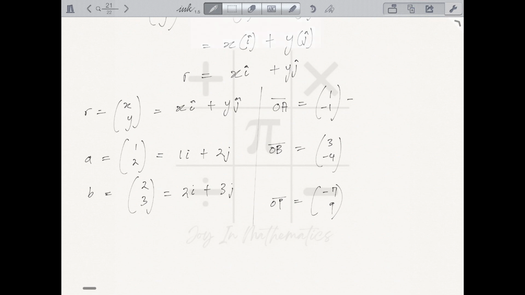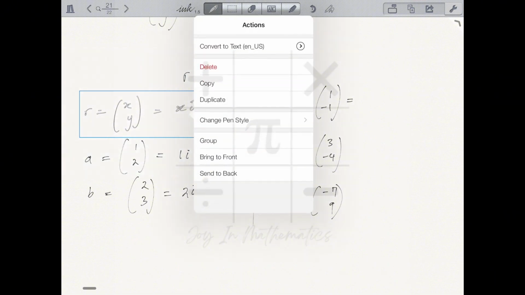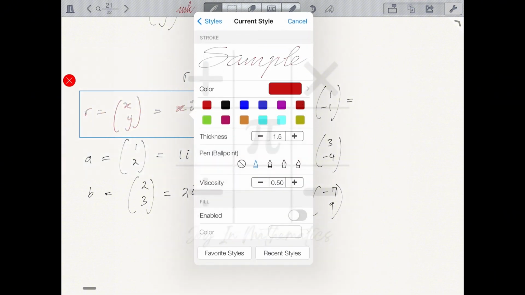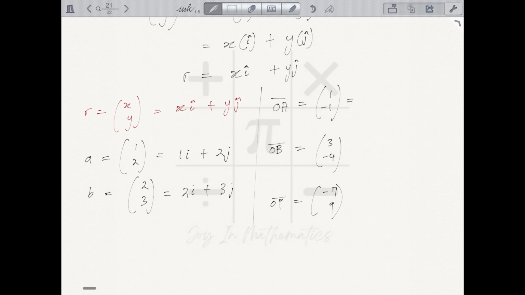And move on. Following the principle that we have here, that if R is equal to the column vector (x, y), it is equal to xi plus yj. So this is our x here and this is our y here. This results in 1i plus my y, minus 1j, which is i minus j.